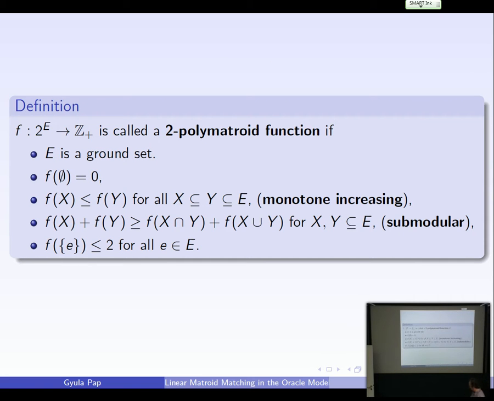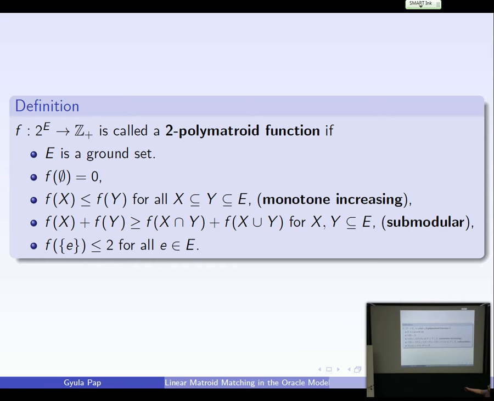So let me repeat what the definition is. There are some equivalent ways to introduce matroid matching, and this one is with a two-polymatroid function.